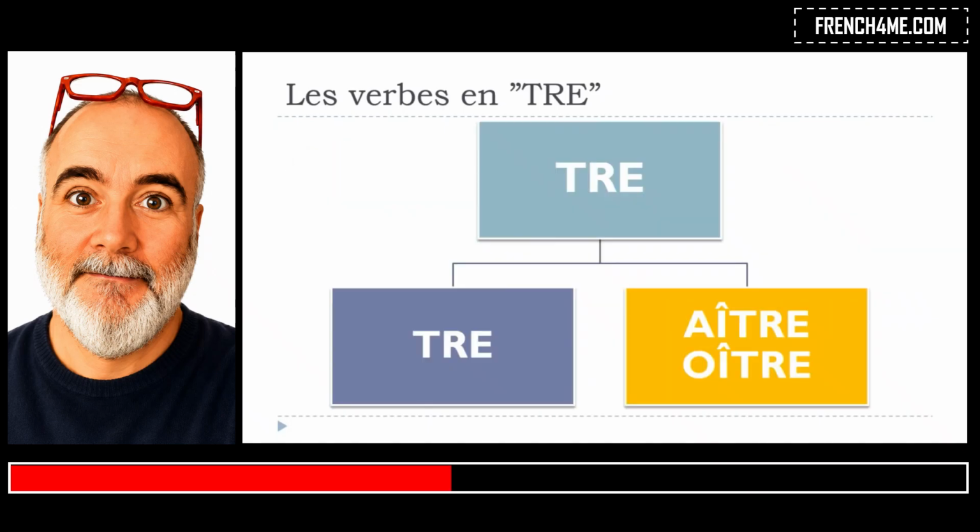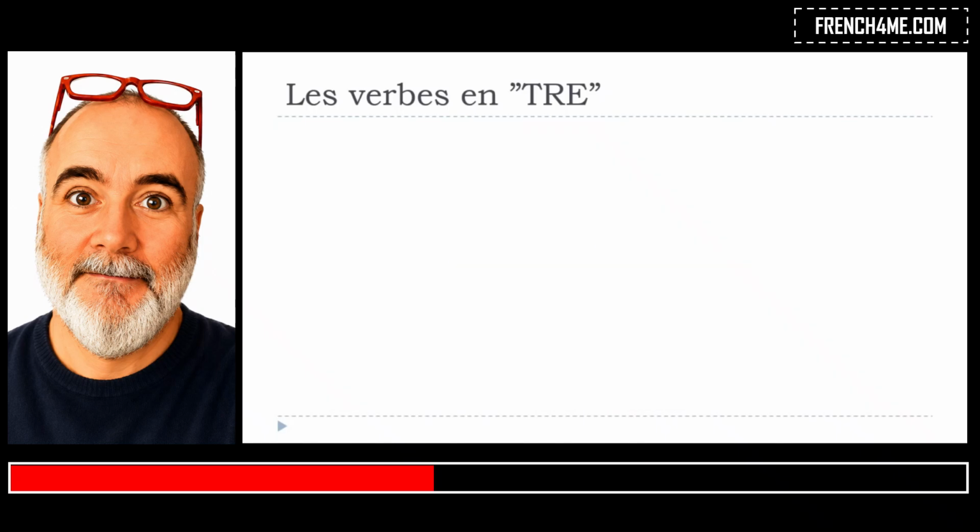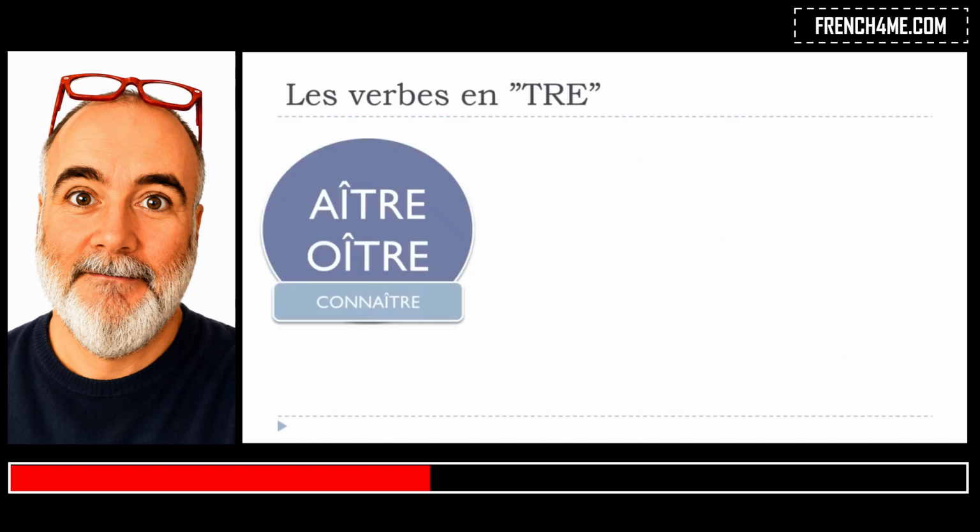So as we saw, we've got a second group here in this video, and it's actually concerning the verbs ending with être and oître. And for this group, I thought it might be interesting to have this verb connaître. Connaître is to know, and we use that quite often.